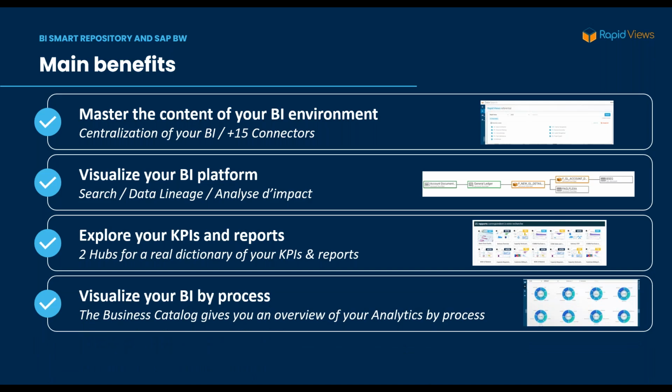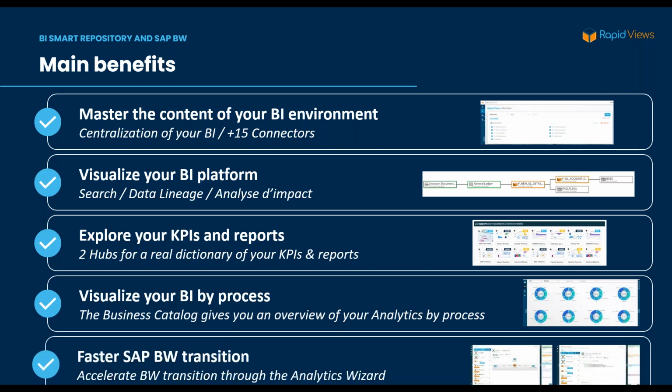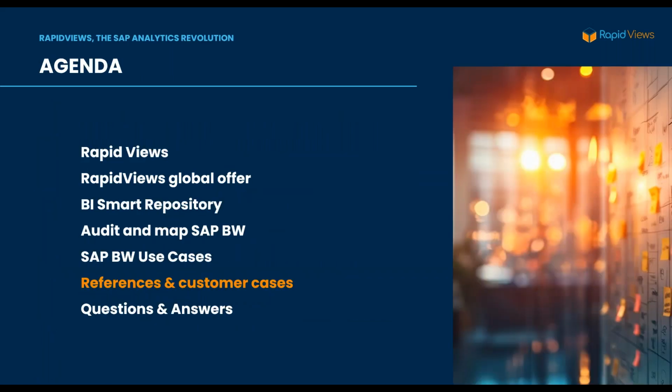We didn't see this feature, but you can also view all your reports by business areas for the end user. And you can accelerate your BW transition because we import BW cubes, and because we have this business content, we provide this link between a BW cube and our predefined data marts.